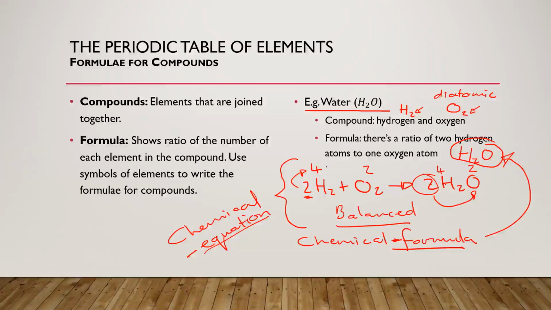Now please do activities 4 and 5. Activity 4 is just memorizing the first 20 elements of the periodic table, and activity 5 is using the periodic table of elements.